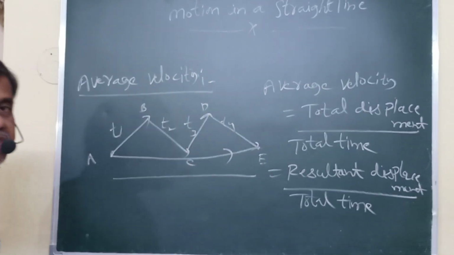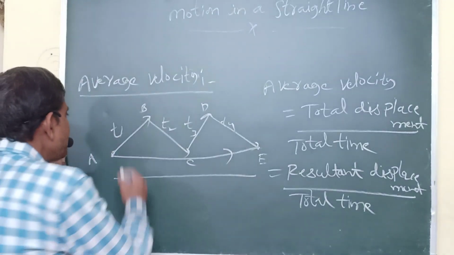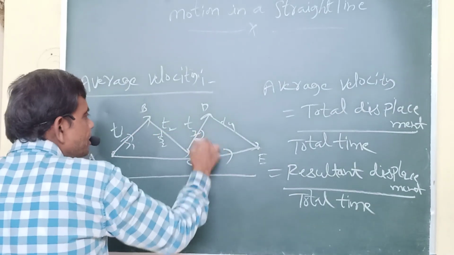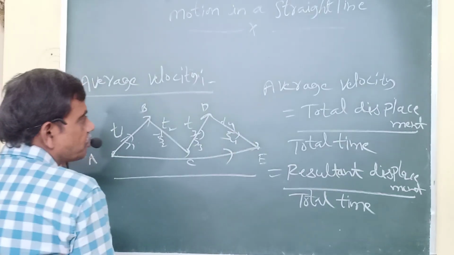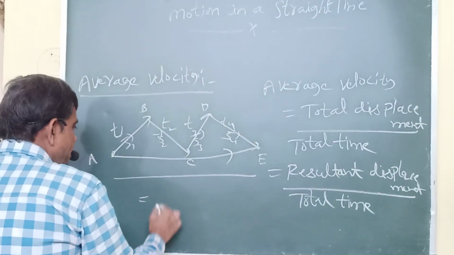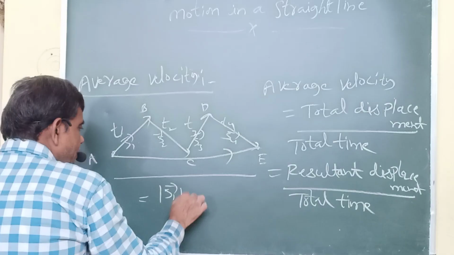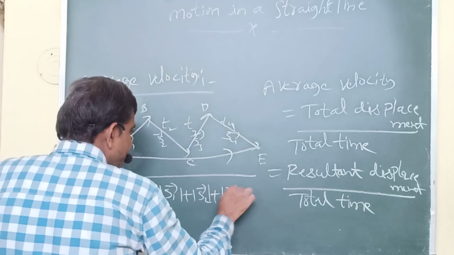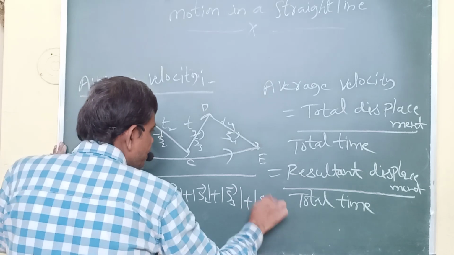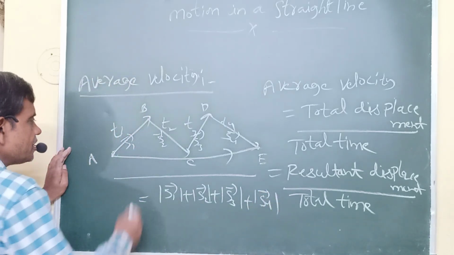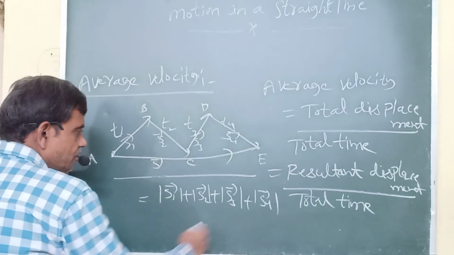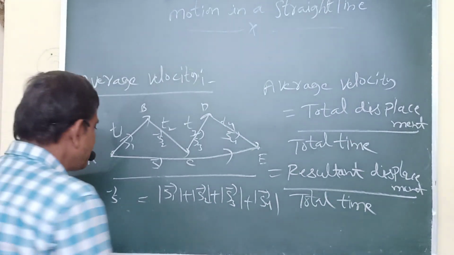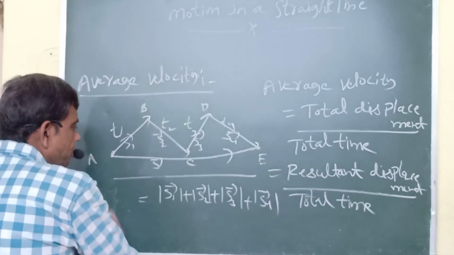Resultant means simply addition of vectors. This I am taking as S1, this S2, this S3, this S4. Now totally, S1 vector plus S2 vector plus S3 vector plus S4 vector. Otherwise, if this is totally represented by S, you can write it as S, as you wish. By total time.